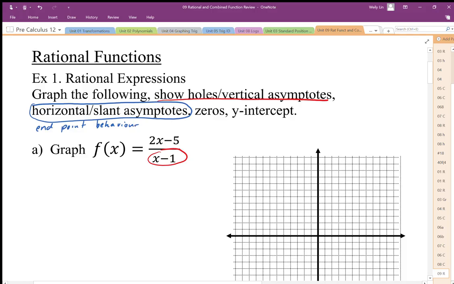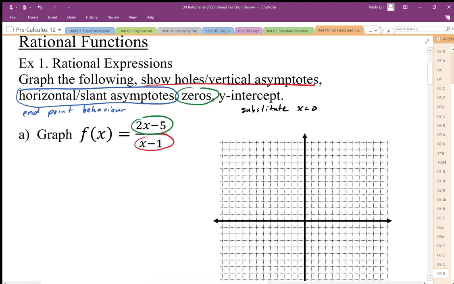And the zeros are going to come from the numerator, and the y-intercept is when we plug in x equals 0. So we substitute x equals 0 into the expression.